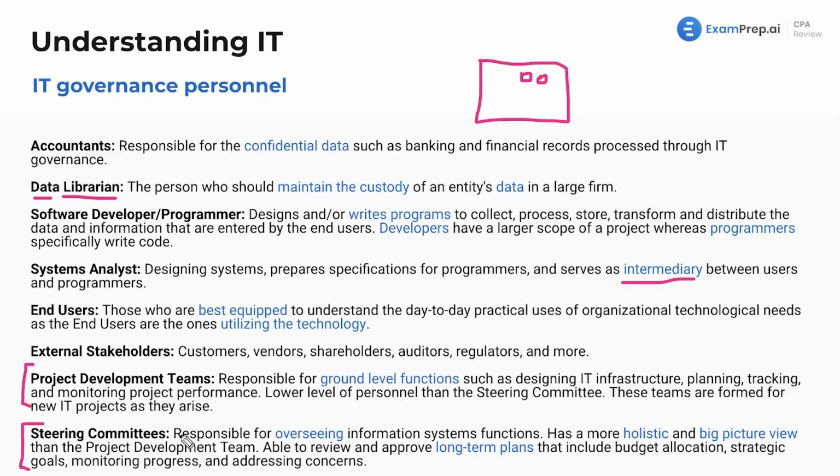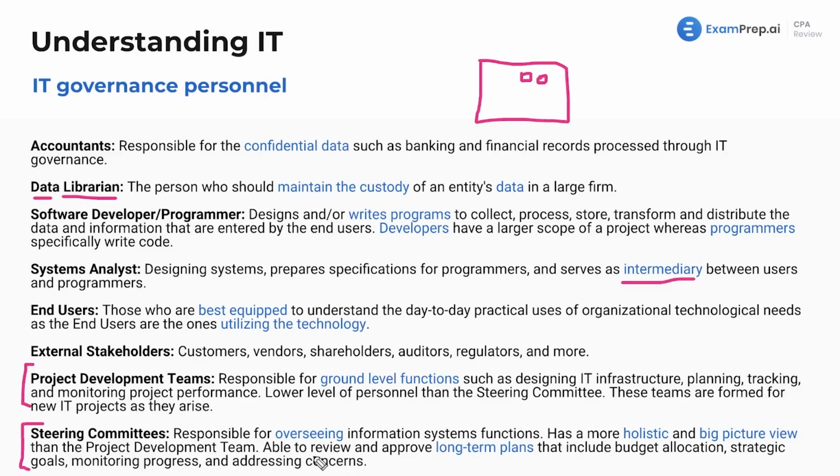Whereas the steering committee, think of it, they steer the ship. They're responsible for overseeing information systems functions. They have a more holistic and big picture view than the project development team. They're able to review and approve long-term plans. You can think of this as a principal and a president.